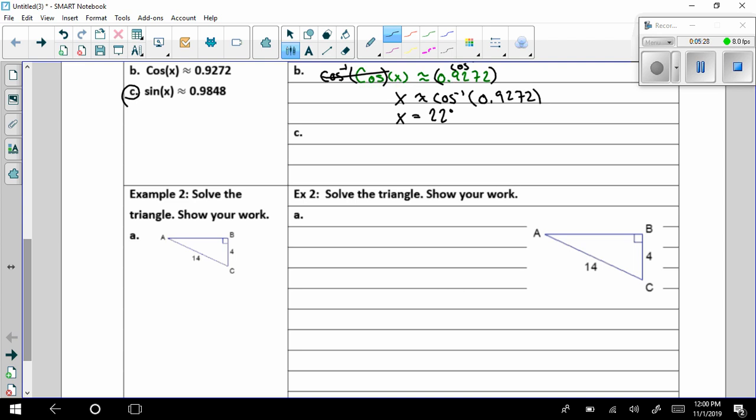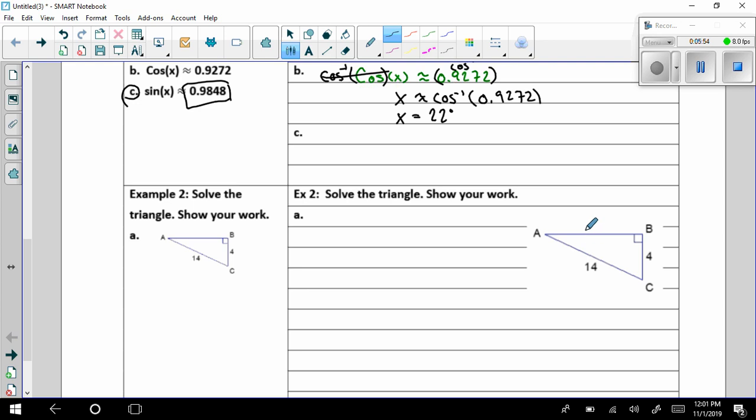Continuing that pattern, we can use those same ratios once again to find missing angles if we're given two sides, because remember, these decimals up here that we got earlier are just ratios between two sides. So the sine of x was something over something that has now been divided.